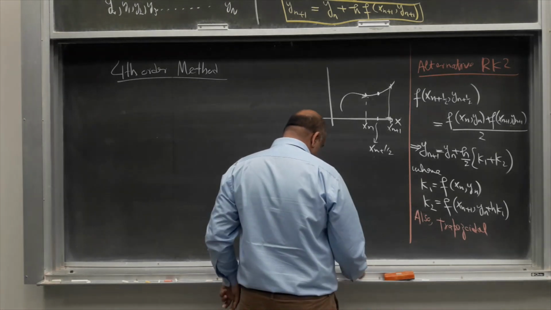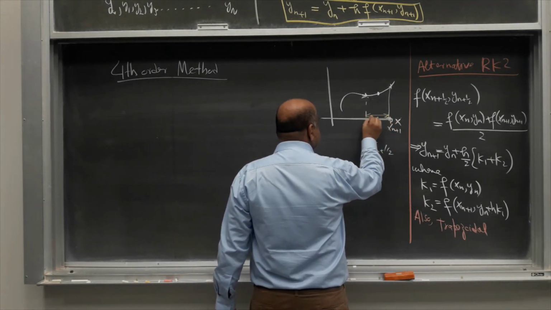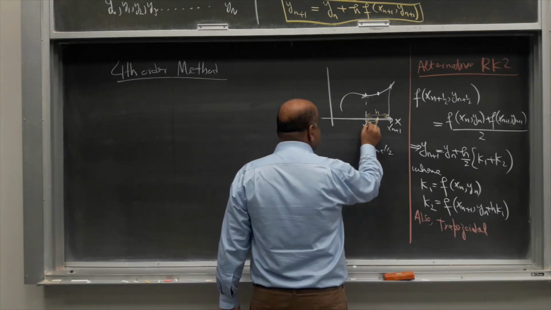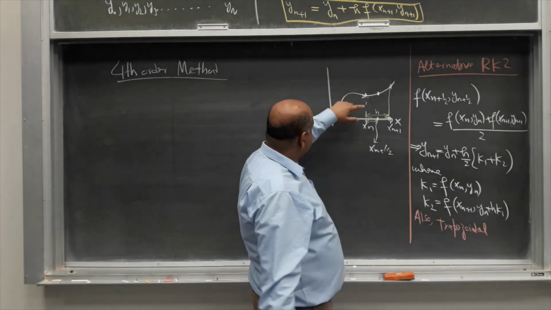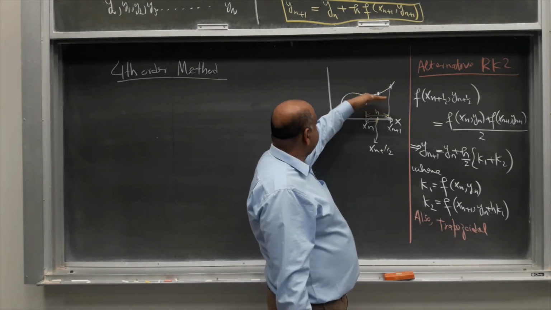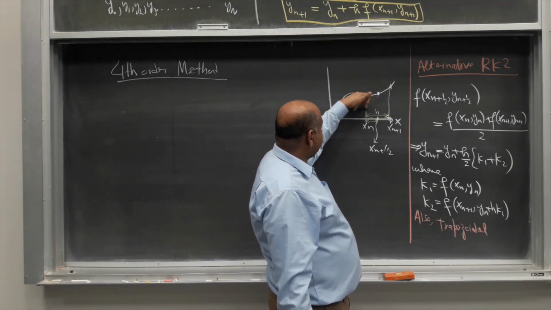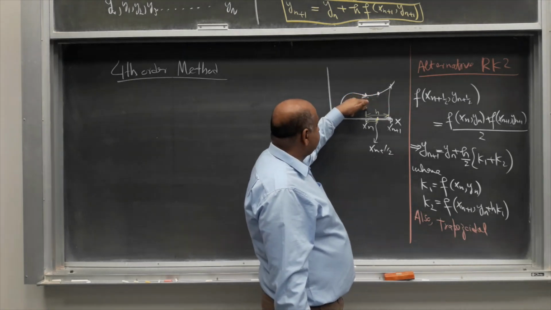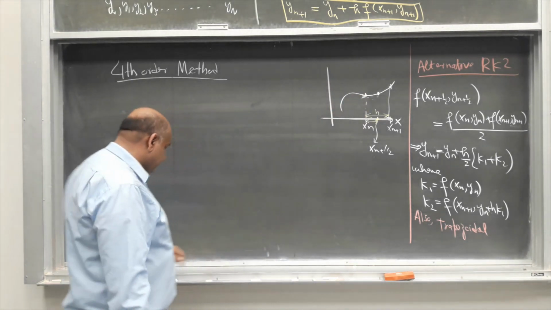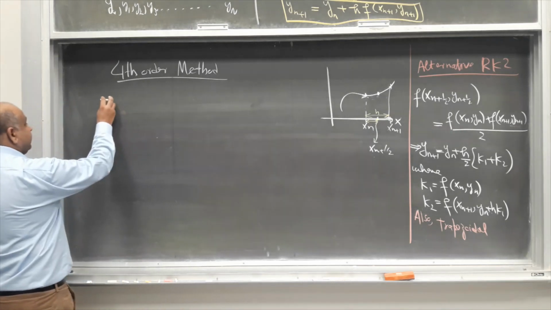And just to recreate, this length is h, so this length would be h by 2. So we use a second order approximation of the curve in this interval, and using this second order approximation we can get a higher order method from this RK2. Okay, so let me get back here.